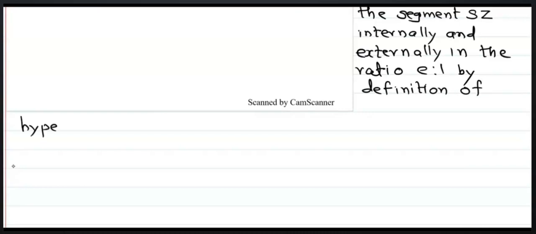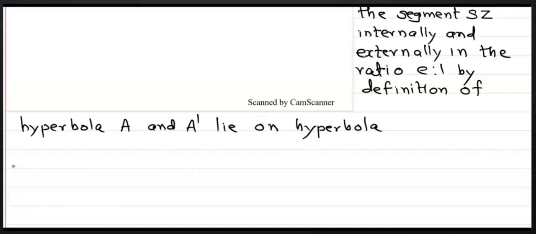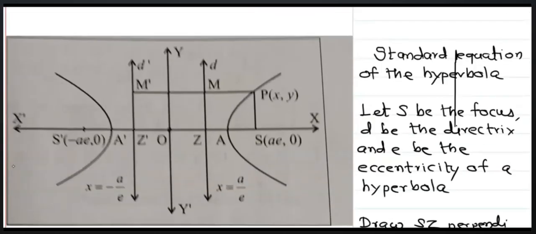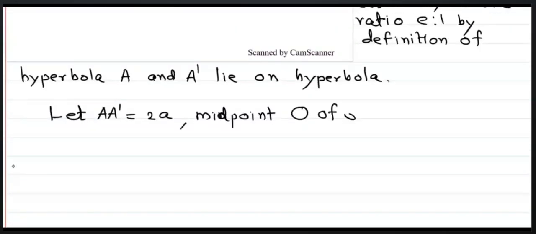By definition, A and A dash lie on the hyperbola. Let AA dash equal 2a. Take the midpoint O of segment AA dash as the origin.